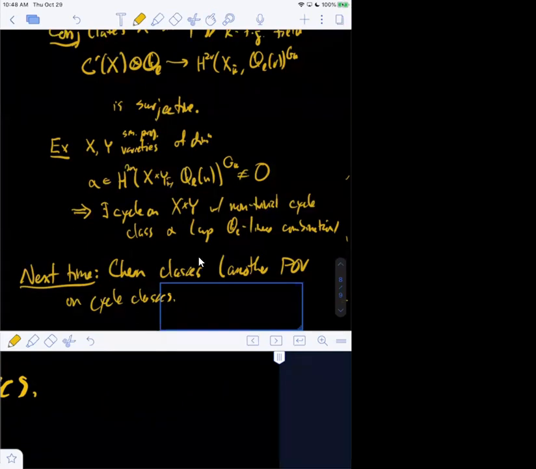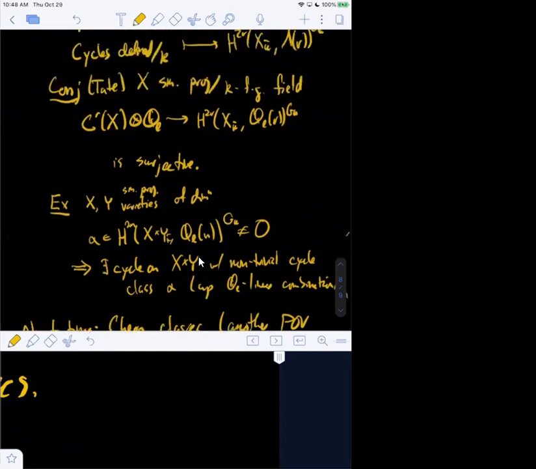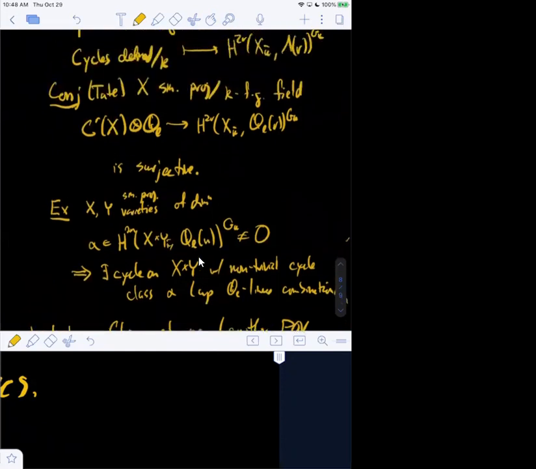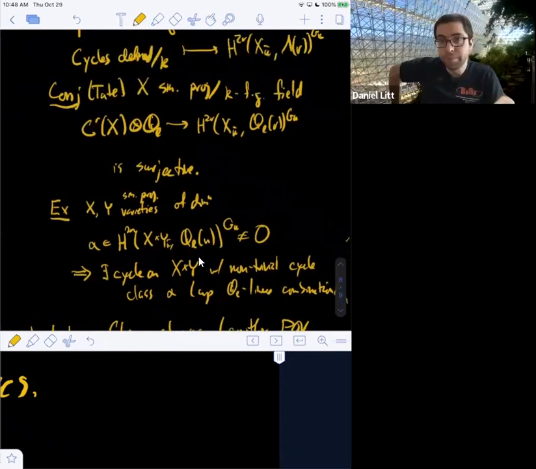Are there any sort of rationality conditions, or equivalence relations you can put on the cycles so that this map factors? Yes. The cycle class map factors through cycles modulo rational equivalence.